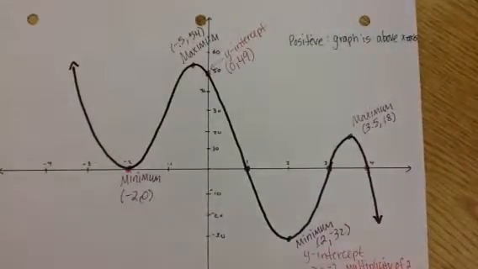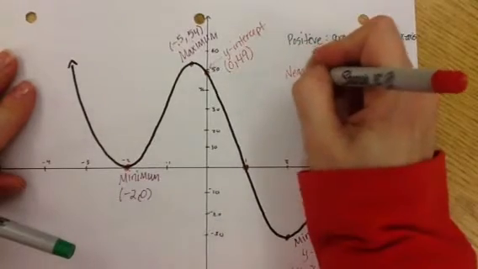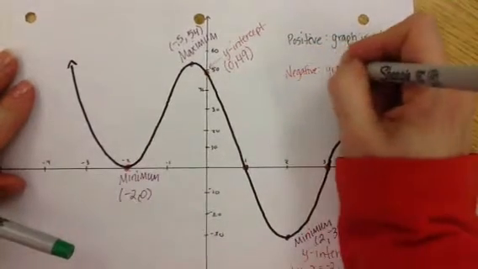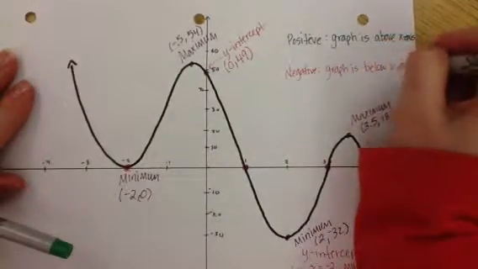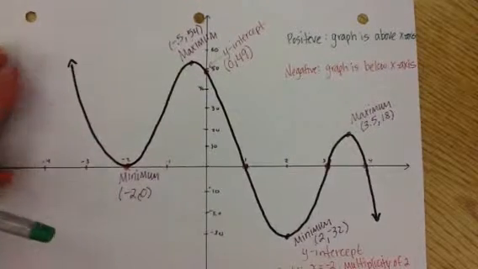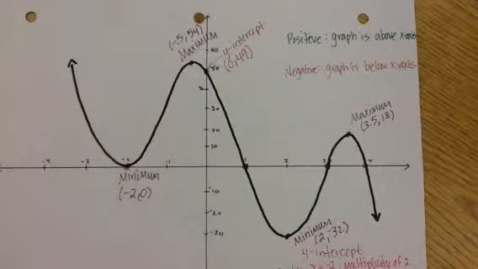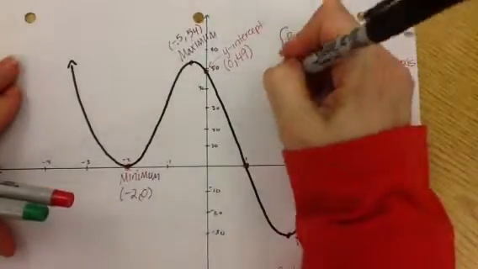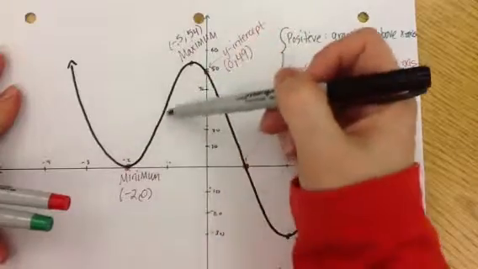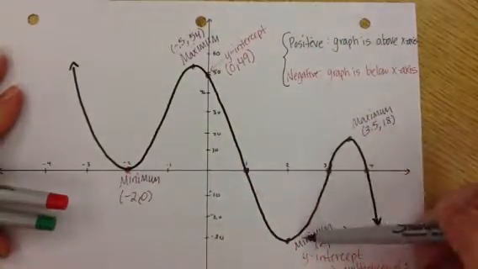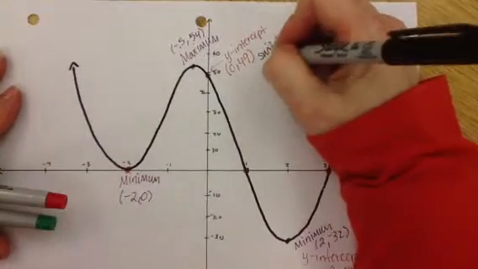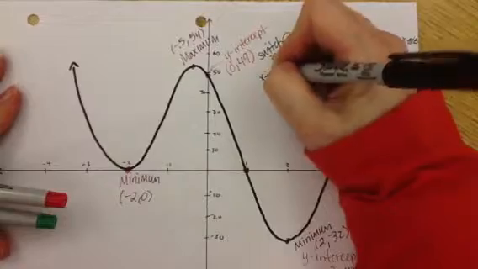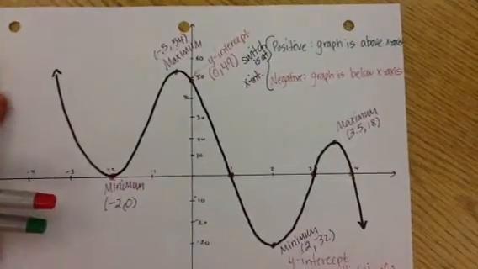And negative means where the graph is below the x-axis. And the graph switches over from positive to negative. So it switches over from being above the x-axis to being below the x-axis at the x-intercepts. So we might want to take note of those. The switch is at x-intercepts.